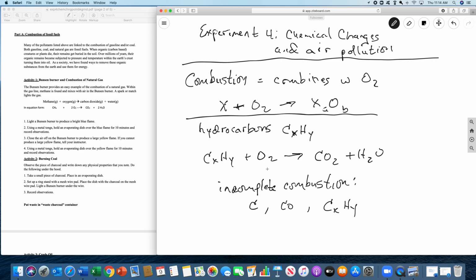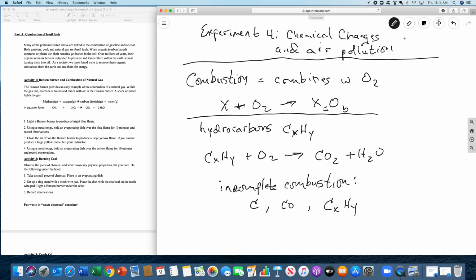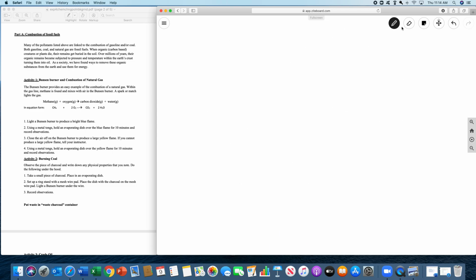So in the first activity, let me clear this. Okay, in activity 1, we're going to look at a Bunsen burner. And I broke this into 2 parts, so I just showed you me doing it, and then I have the results.